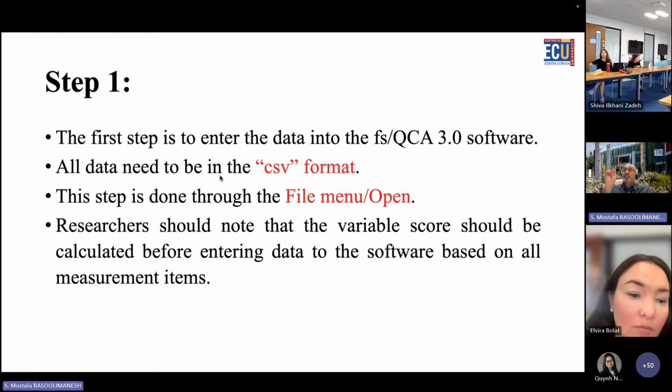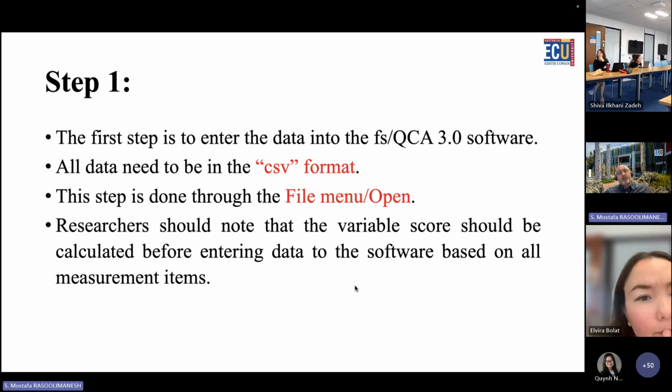But in the function, you have to identify what values in your original data should be assigned to zero as non-membership, crossover, and also full membership. So you have to decide before going to the software.